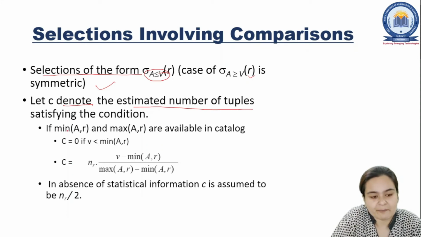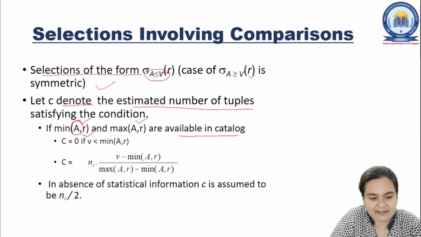The minimum of A comma R and the maximum of A comma R, that is, the attribute being selected from R, are available in the catalog as we have seen earlier.